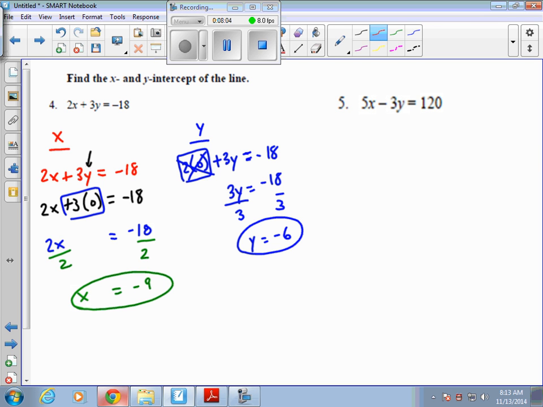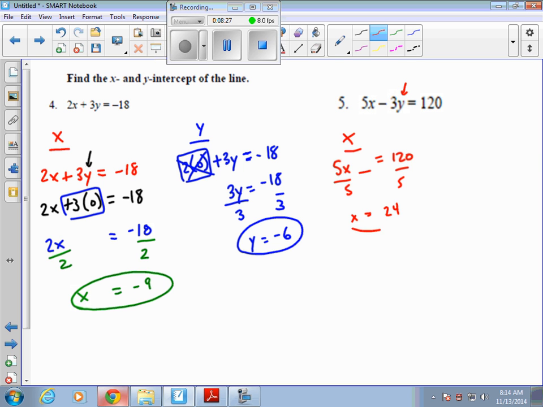If we're looking for the x-intercept, we're plugging in 0 for y. So 5x minus 3 times 0, which is going to eliminate that part, equals 120. Divide by 5 on both sides. X equals, we know 5 goes into 12 twice, and there's 2 left over. It goes into 20 4 times.